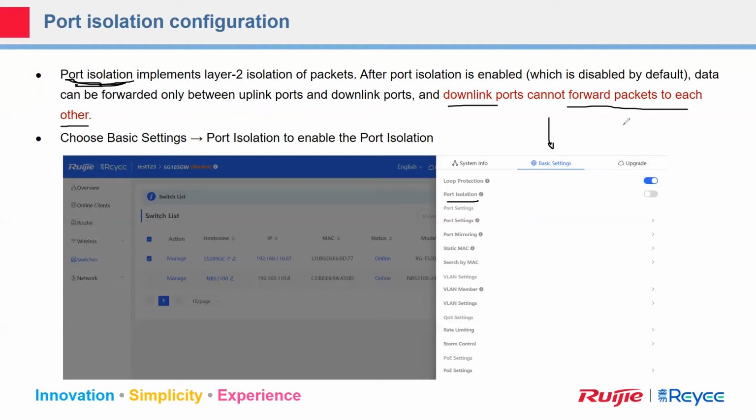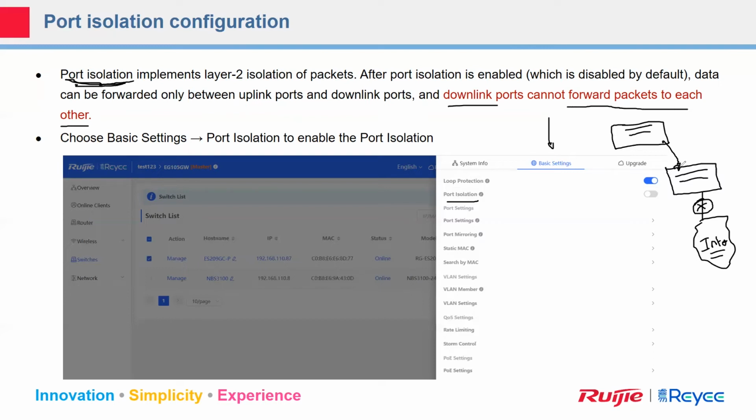Well, simply, if you do port isolation here, maybe this switch is connected to the internet. Of course, there is a gateway here, right? But maybe this switch is connected to the internet.